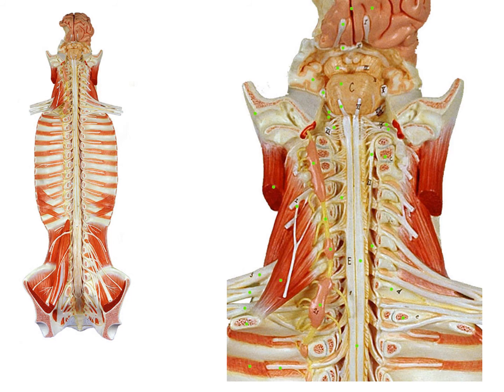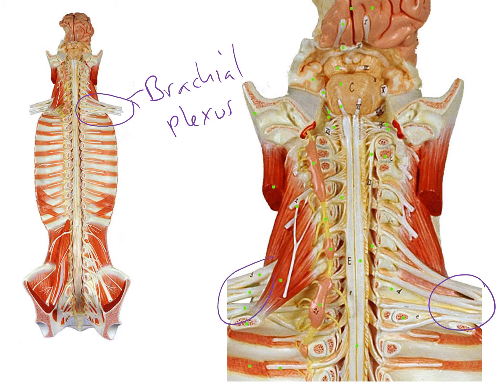When we look at this right side of the screen, we can see both the brachial plexus and the cervical plexus. I'm going to start with the brachial plexus because it sticks out and it's easy to identify. So that's the brachial plexus. You can see it here on the model.